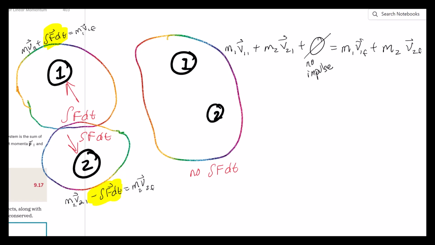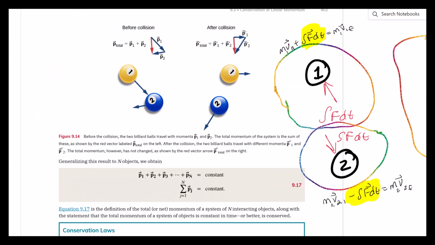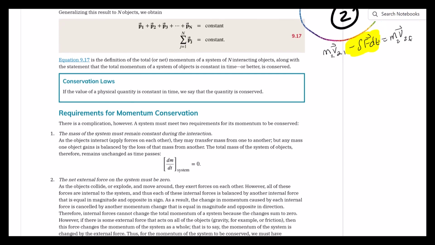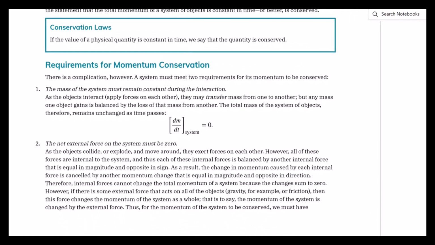But if you look at the system together of things that are colliding, then as long as there's no deformation, like when the balls hit each other, they're not actually changing shape, then there's no impulse. It's kind of weird, and that's really what this is saying, and I don't know why it's telling you all of these things.